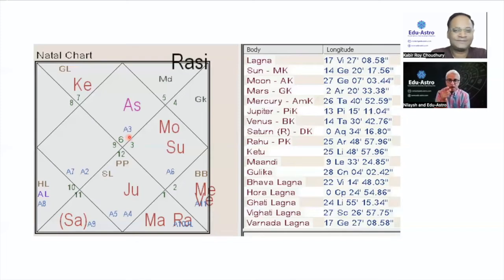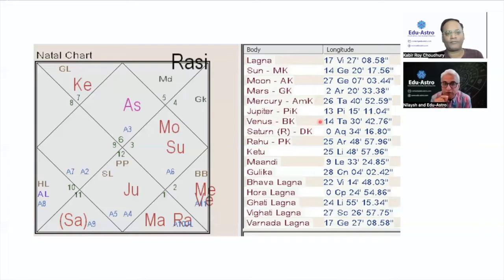Now if you see near the Lagna degree, which planet is influencing? Sun and Venus.